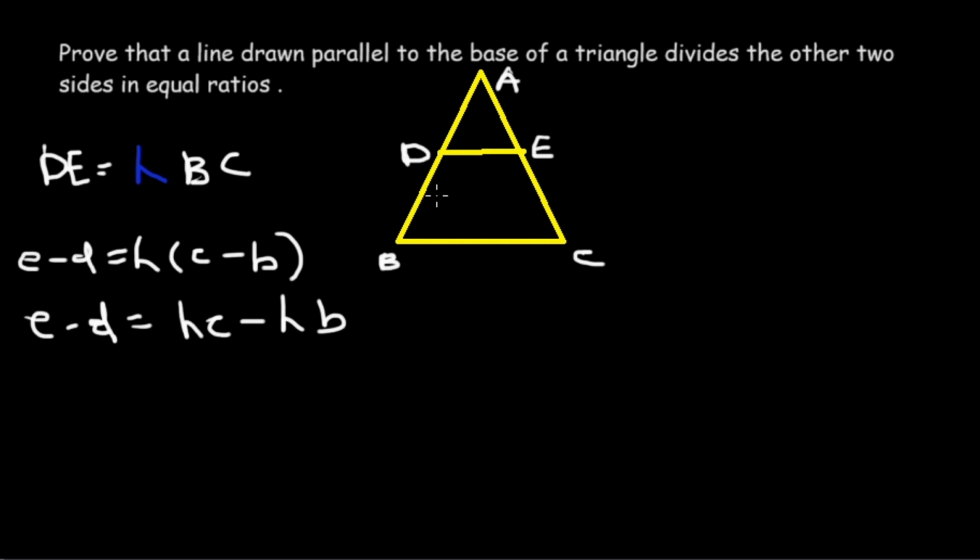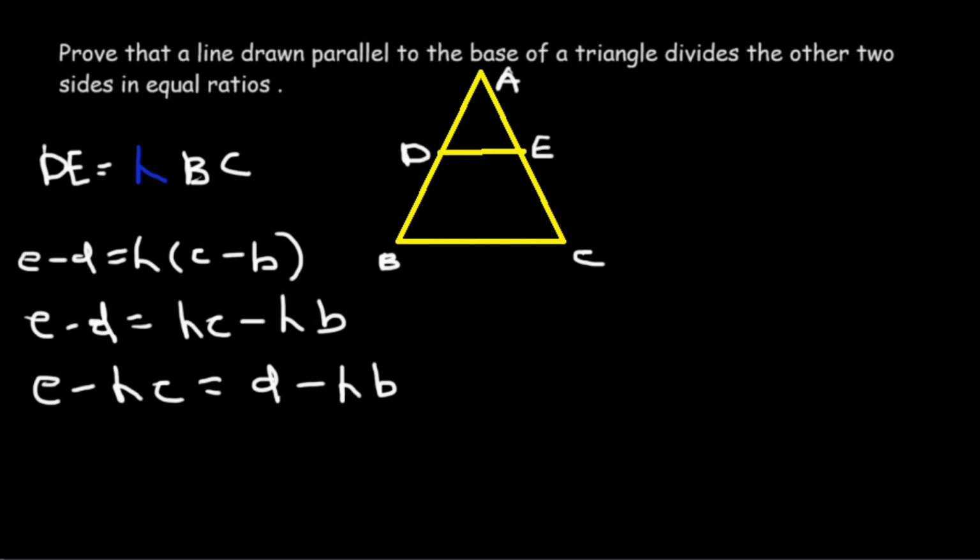So now we can move lambda C to the other side, and let's see why. E minus lambda C is equal to D minus lambda B. Okay, guys, now we are going somewhere.